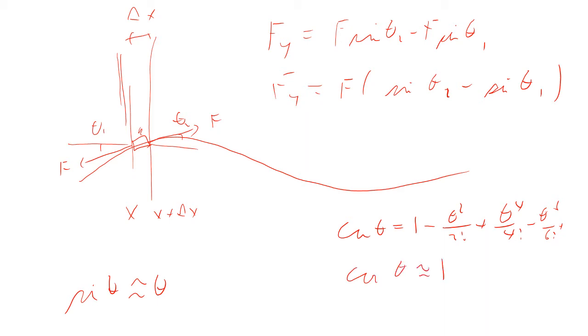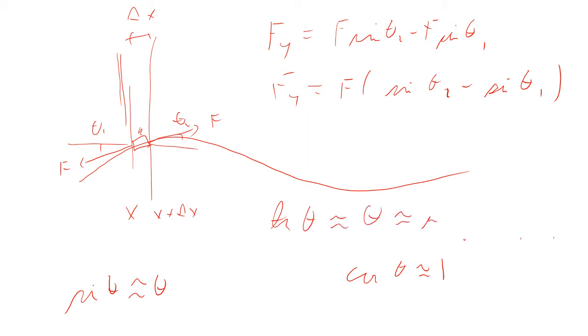Tangent theta is sine divided by cosine, so for small angles tangent theta is approximately theta, which is about the same as sine theta. So with the small angle approximation, Fy equals F times tan theta 2 minus tan theta 1. We'll look at that in just a second.